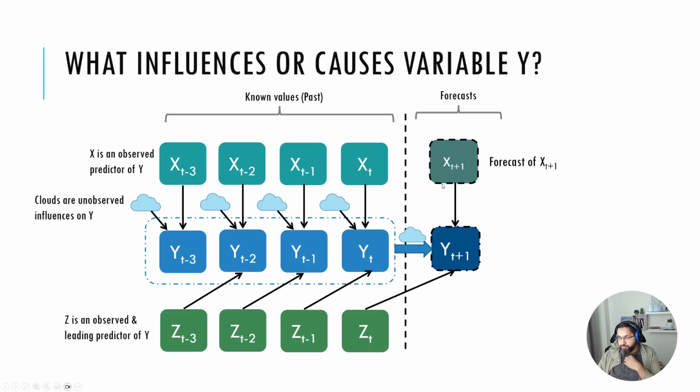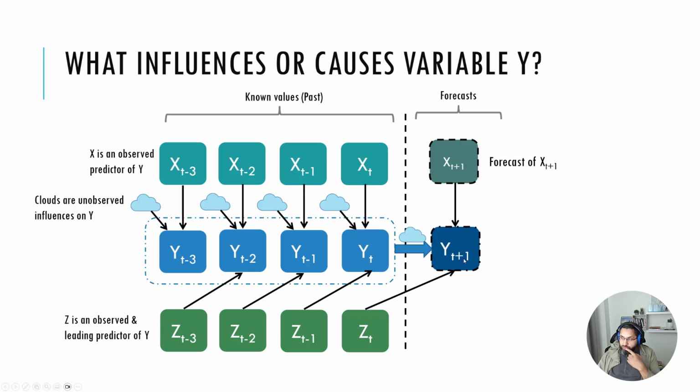Okay. So if we do find leading predictors, we can use them like this, where to predict the value YT plus 1, we have a time series model, but we add to the model the variable Z, and we combine the variable Z with the time series information to try to have a better prediction of YT plus 1.